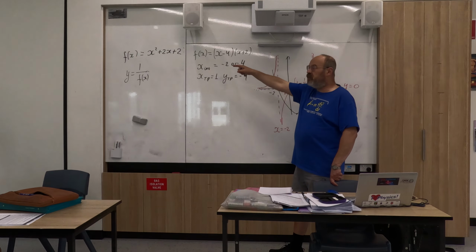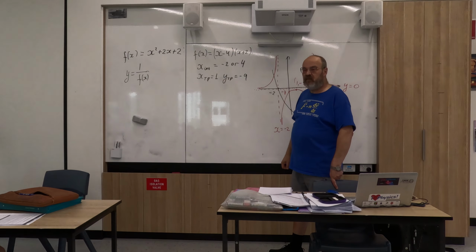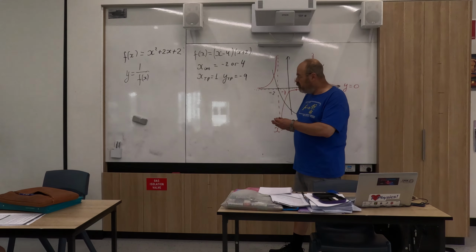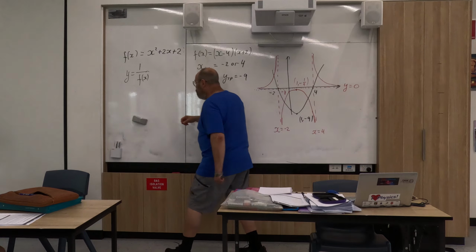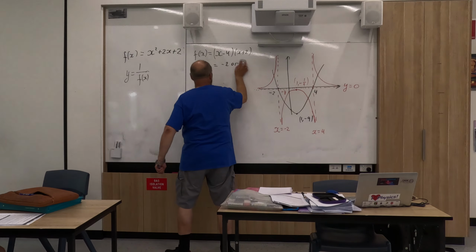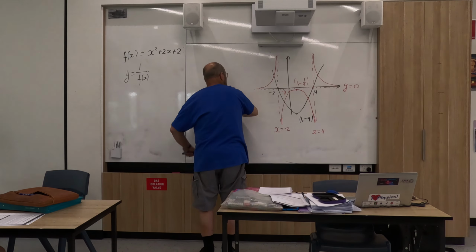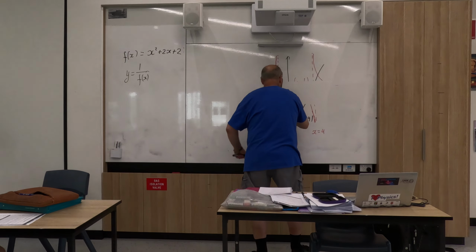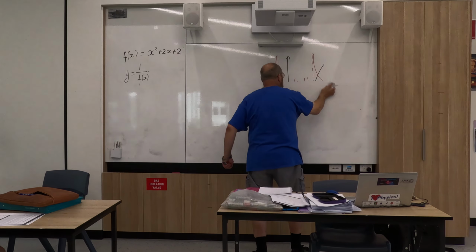Can we factorize that quadratic? No, if you look at the discriminant, it will be negative. So it's non-factorable. But still, we sketch the graph of that quadratic, which will be a parabola completely above the x-axis.